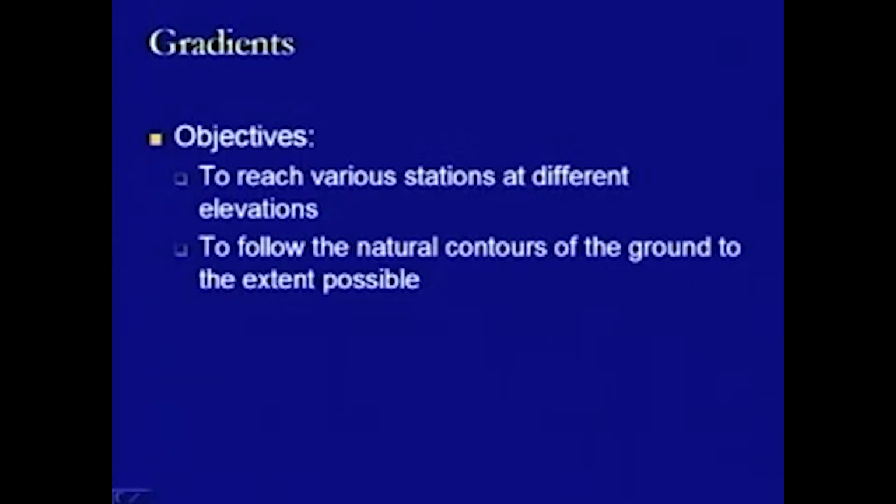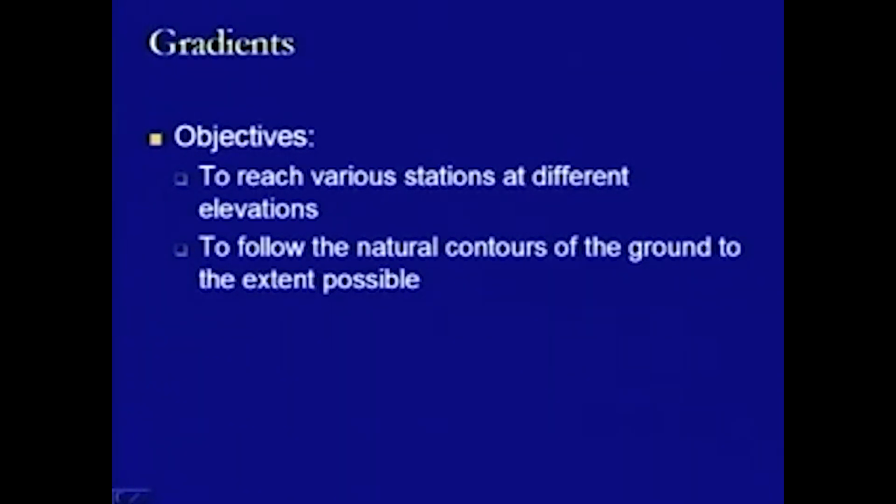Another objective is to follow the natural contours of the ground to the extent possible. We provide the gradients as we have seen in the fixing of the alignment, where the mountainous gradients were discussed, and we have the zigzag positions or the switchback conditions. In both of those conditions, as far as possible, we try to follow the contours.